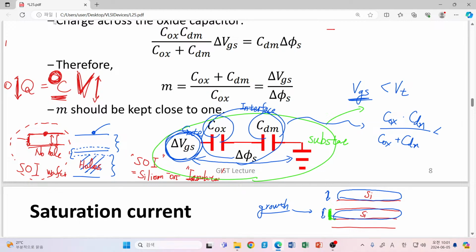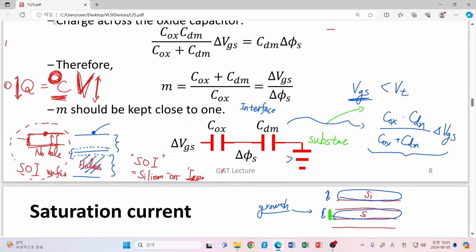This expression describes the amount of positive charge newly collected at this point, and this amount of charge should also be compensated by the same amount of charge here.